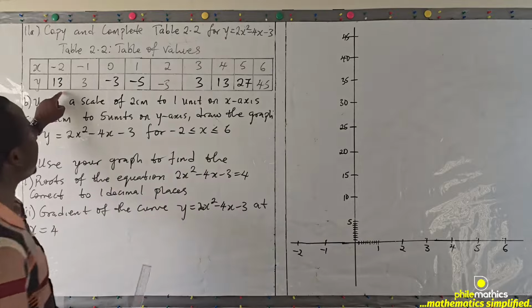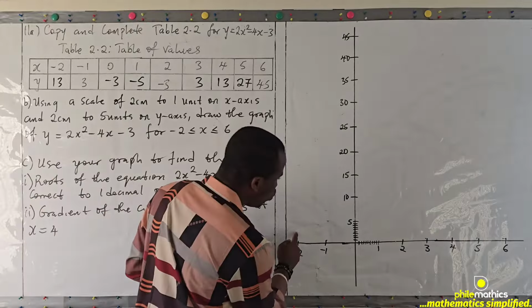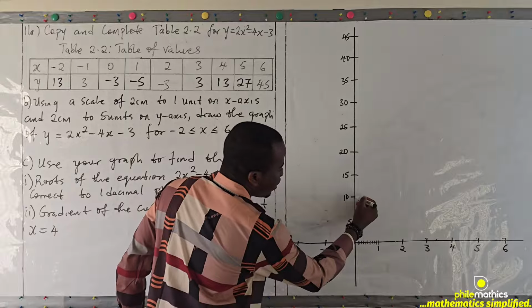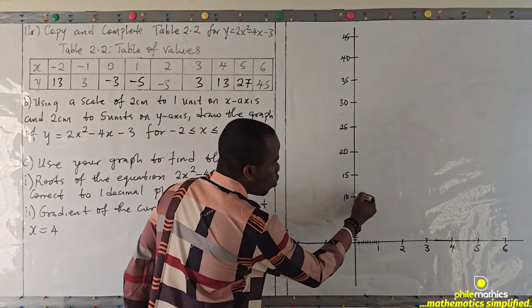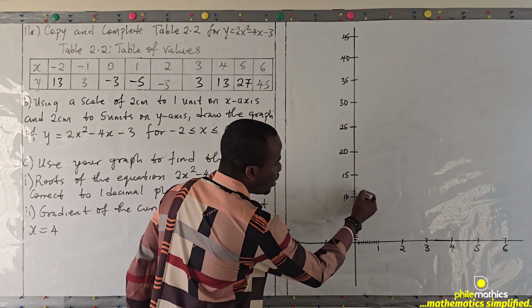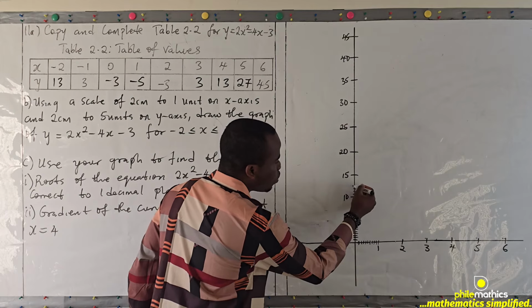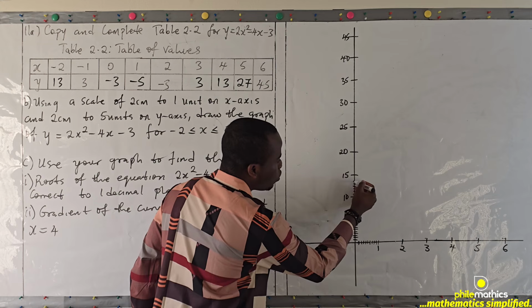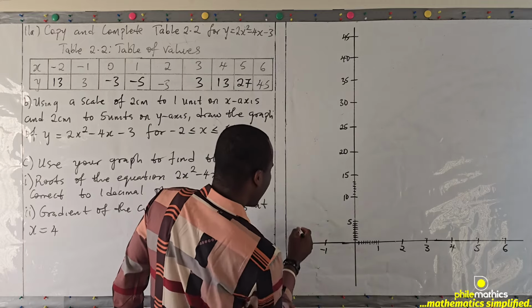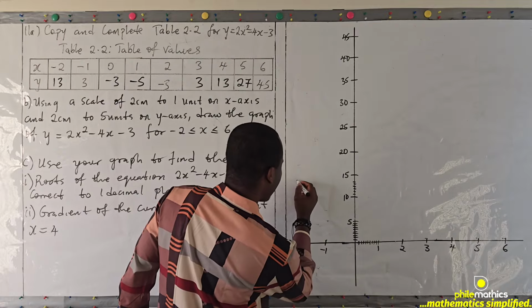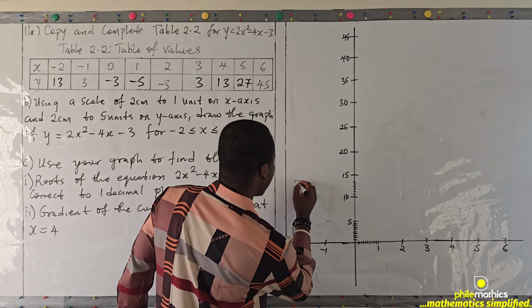So for us to get 13 for minus 2, this is 10. Each box is 0.5. So 10, 10.5, 11, 11.5, 12, 12.5, 13. So this is where our point is.